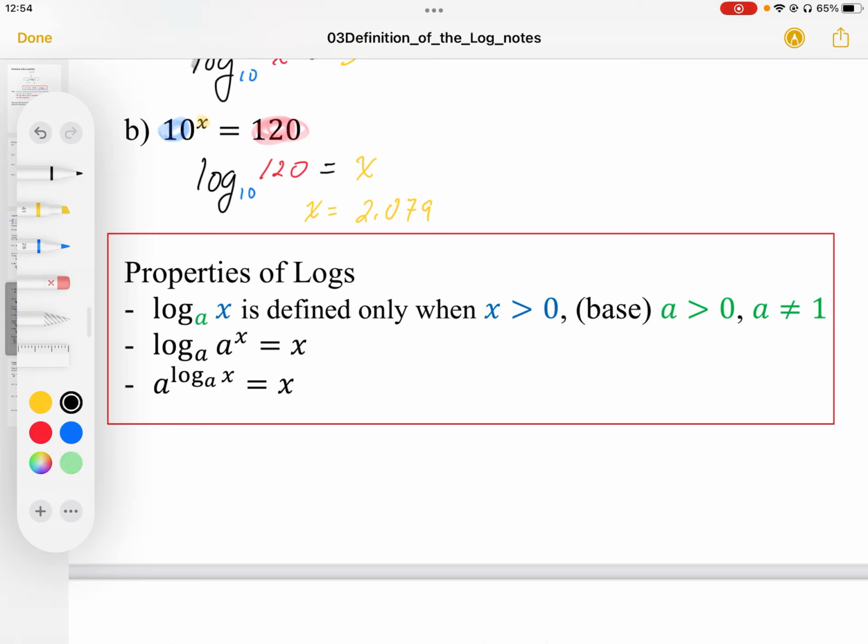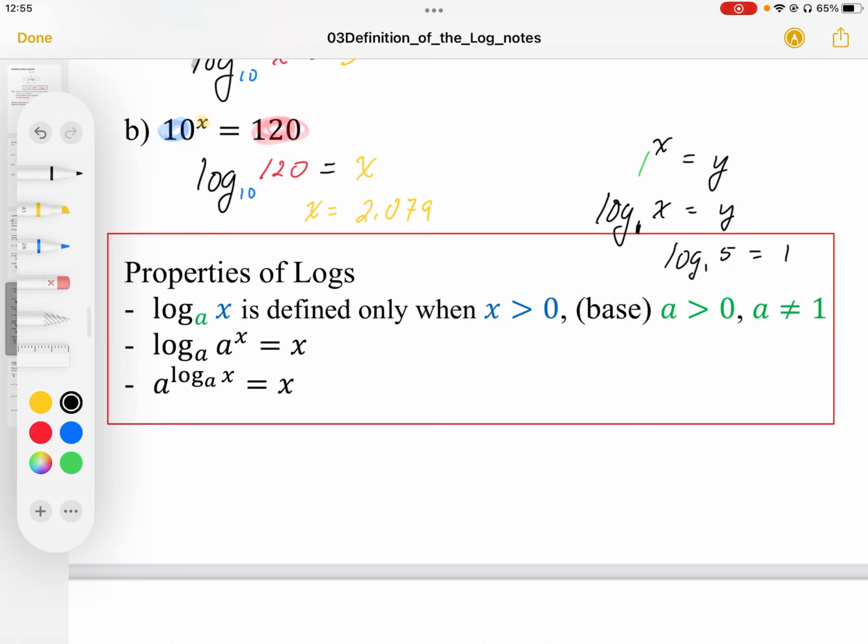The other problem is if the base is equal to 1. We end up with 1 to the power of x equals y. Well, that's okay, because that just means that y is always equal to 1. However, when we put it into log form, base 1, well, if I put x as 5, then there's no way that I can get an answer for this.